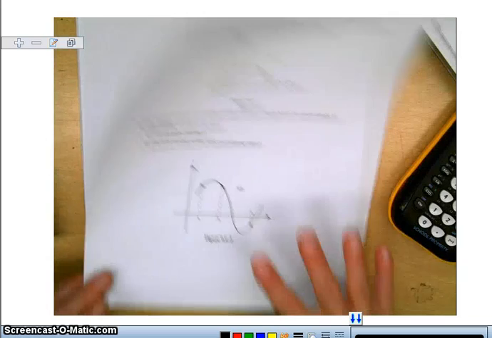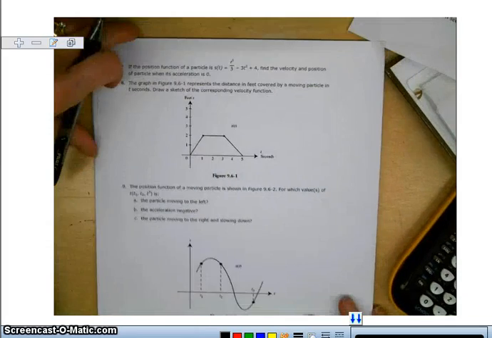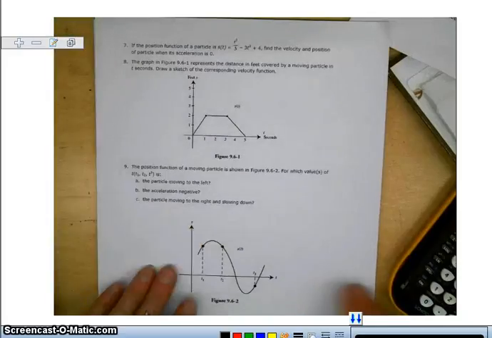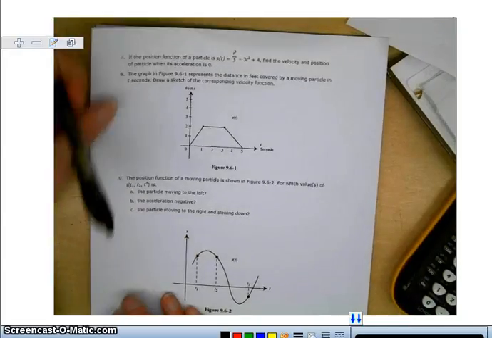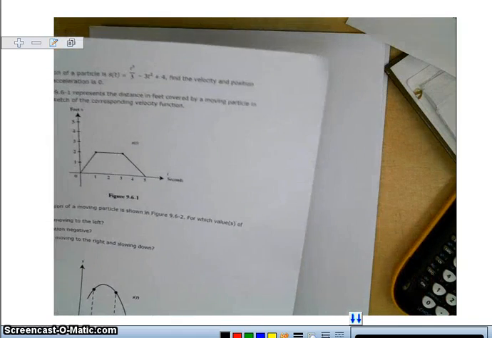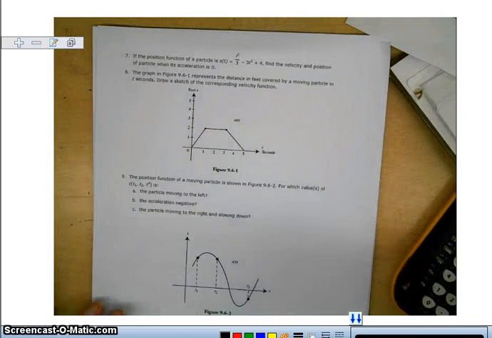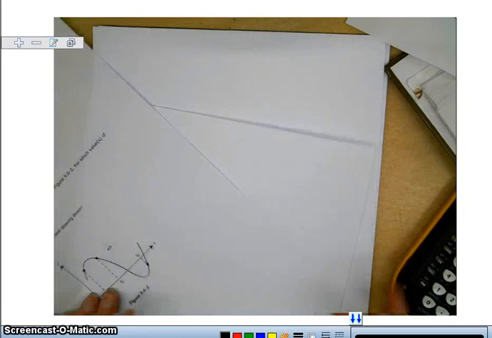All right, so let's take a look at these problems here. We're going to start with number 7. Actually, we're not going to do 7. We're just going to start with number 11 right here.